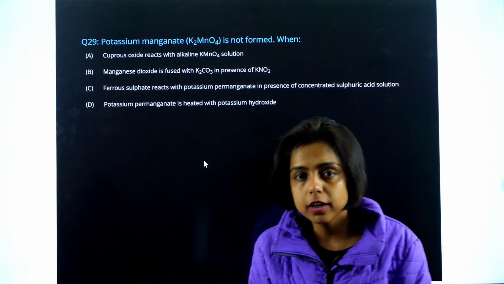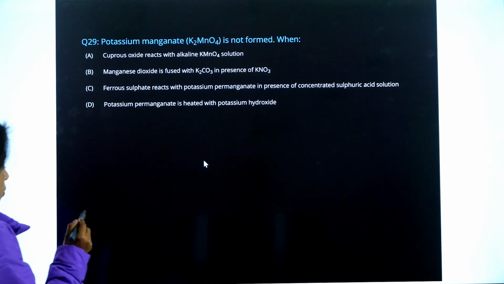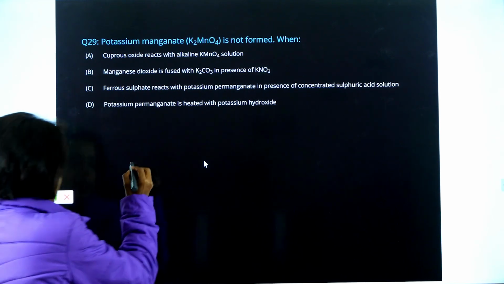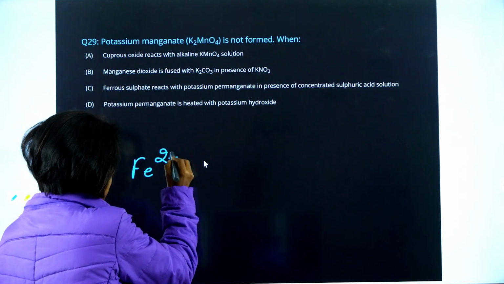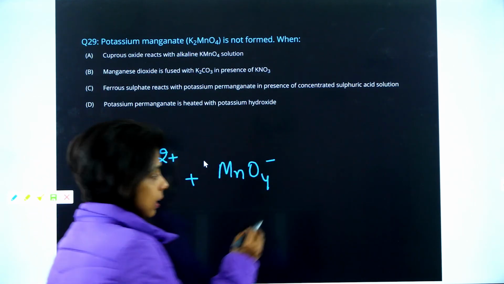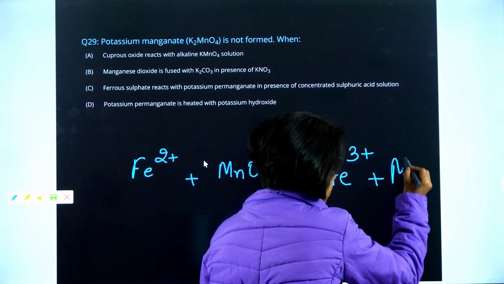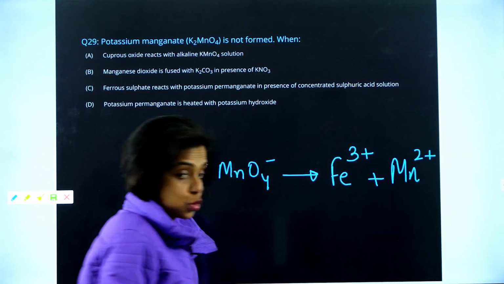I am sure if you have done redox reactions, you must have done the balancing of this reaction, right? Ferrous with potassium permanganate in acidic medium: the ferrous will get oxidized to ferric, and permanganate will get changed to Mn+2, right?